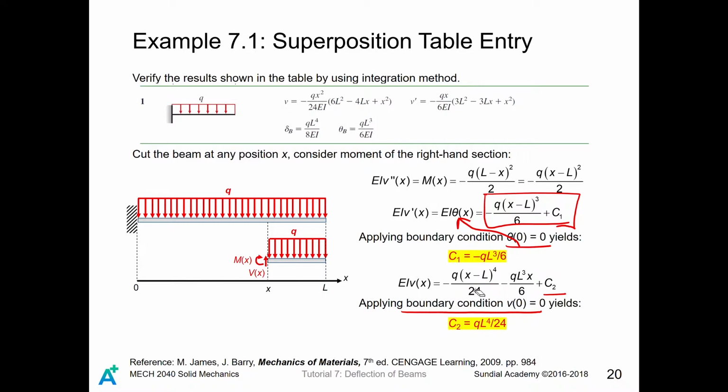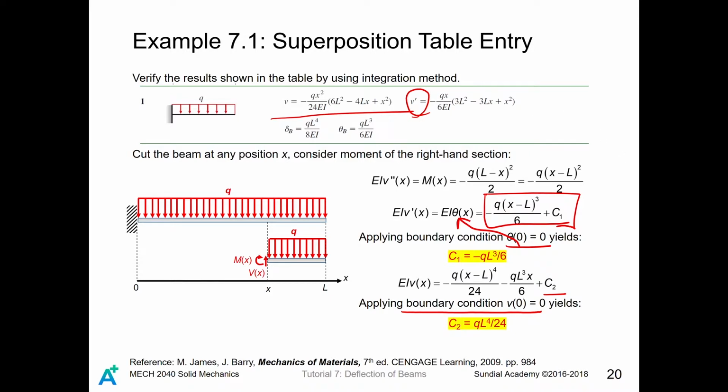So after you finish finding C2, you just write down the whole thing, and make the denominator of each term the same. Then you expand this polynomial, and you can get this result. For v prime, similarly, you can just differentiate it, or take it from here.